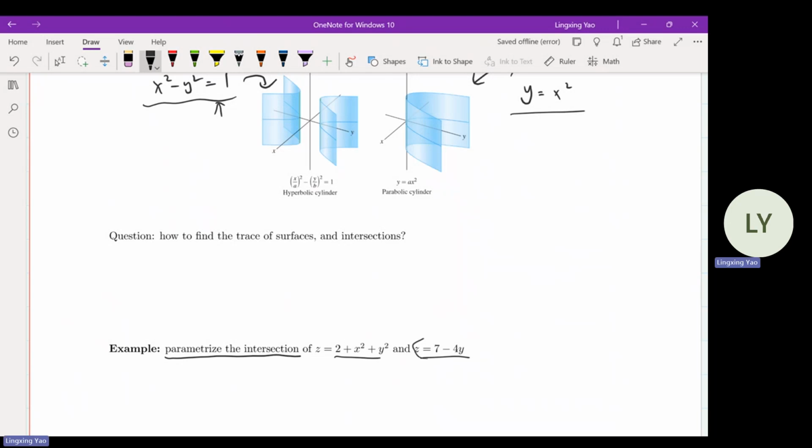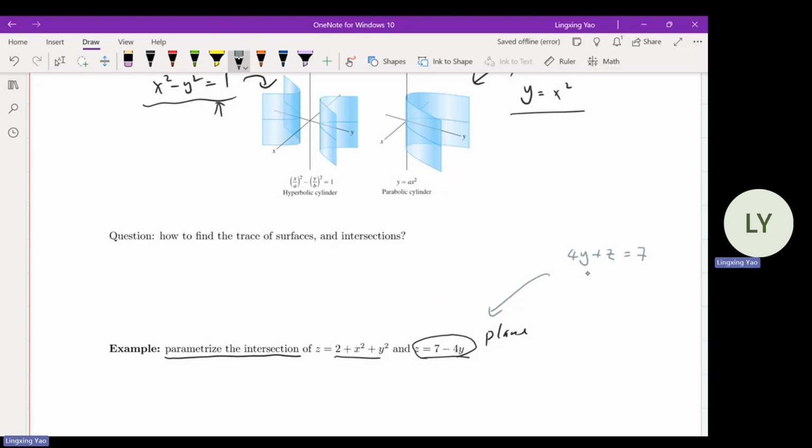By the way, what is this? This is a plane, right? We didn't write it in the standard form of a plane equation, but if we do, if we move the 4y to the left, it's 4y plus z equals 7.